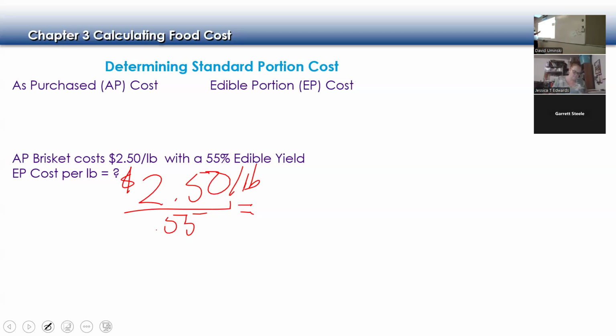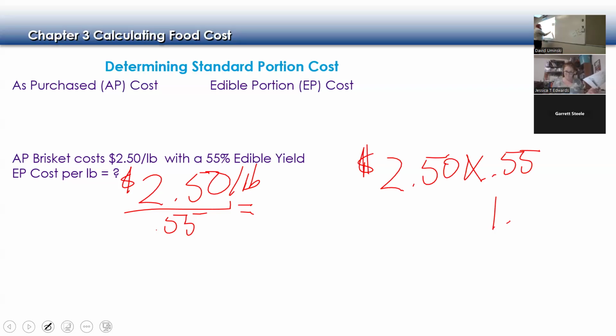Let's try that. If we take 2.50 times 0.55, what do you get? About 1.38. Okay, 1.38 per pound. And if we divide it, what do we get? Justina, what did you get when you divide $2.50 divided by 0.55? Okay.